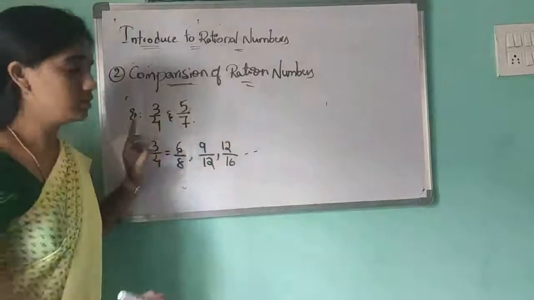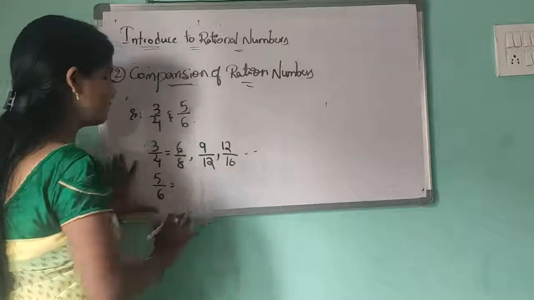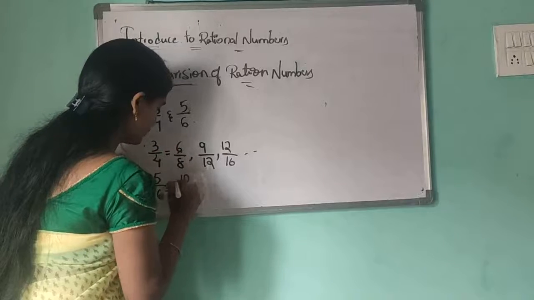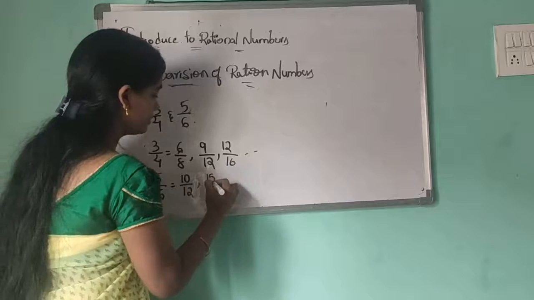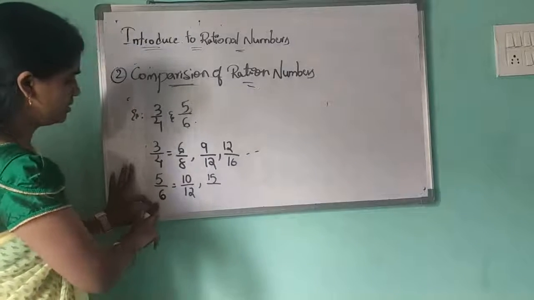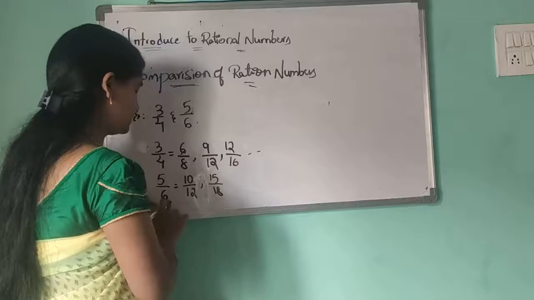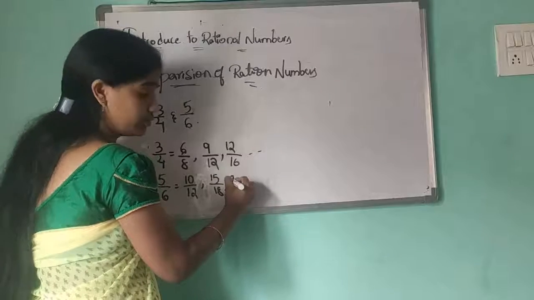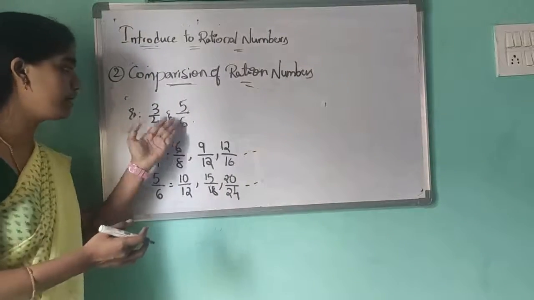Also, I am taking 5 by 6. 5 by 6 equals 10 by 12 when multiplied by 2, 15 by 18 when multiplied by 3, and 20 by 24 when multiplied by 4. These are the equivalent fractions of 3 by 4 and 5 by 6.